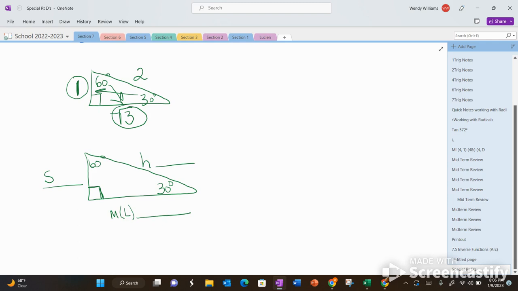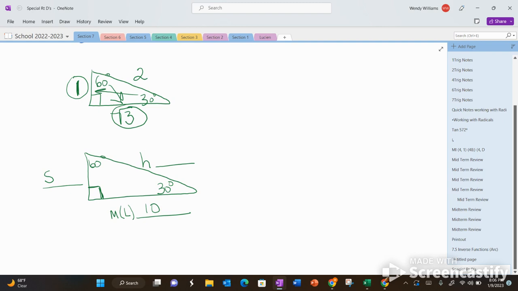All right, and it doesn't make any difference at all to me what kind of number you come up with. We should be able to figure out the small, medium, and hypotenuse. All right, let's say the medium is 10. Find the small and the hypotenuse.